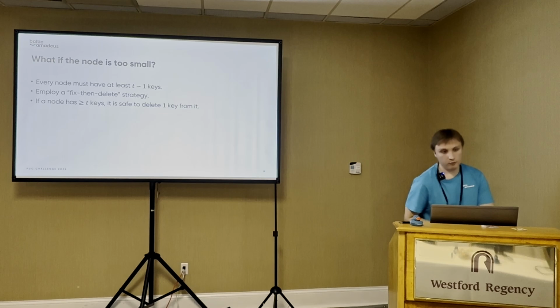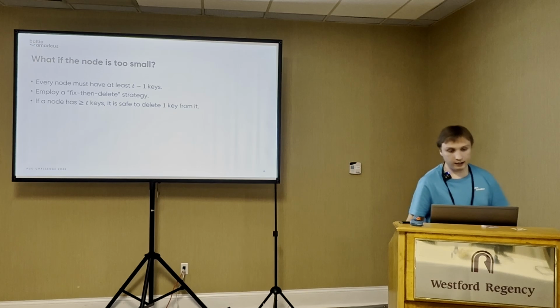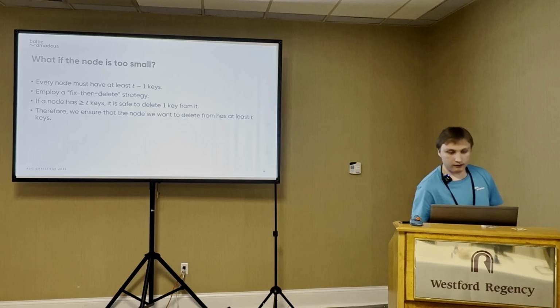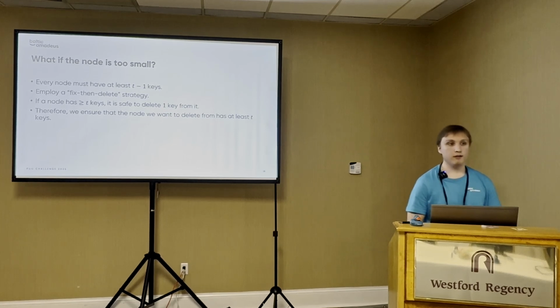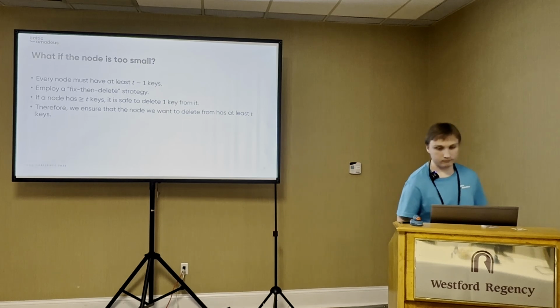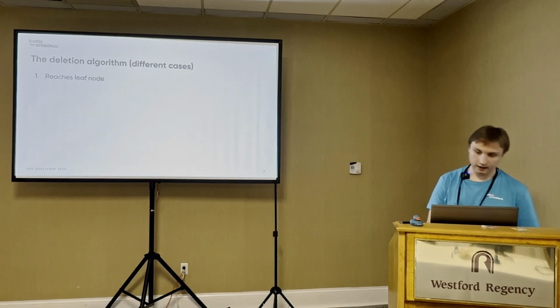More formally, we should observe that whenever a specific node has more than t keys, then we can delete one key from it, since every single node must have at least t minus 1 keys. And in this way, we ensure that we can always delete at least one key from a specific node. And the deletion algorithm has a bunch of different cases.